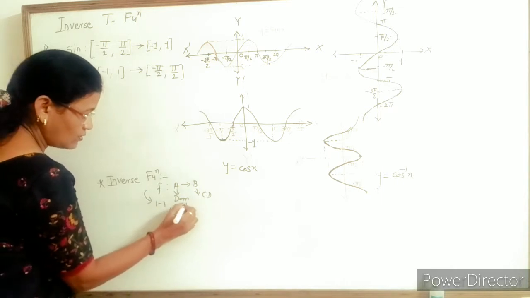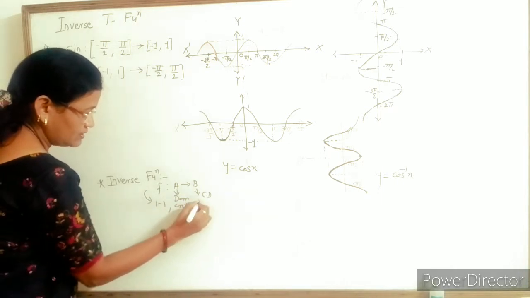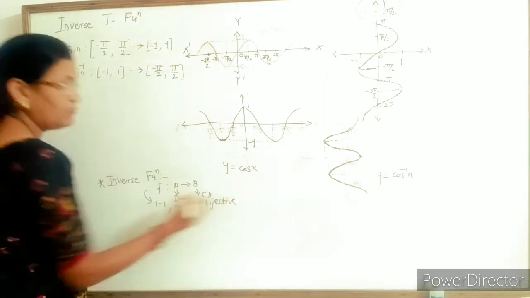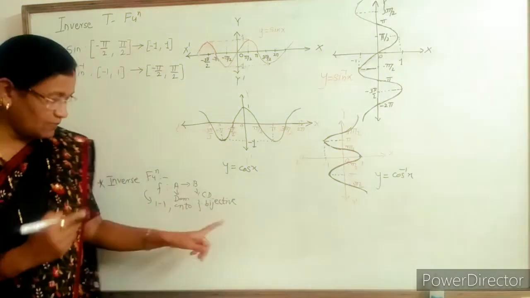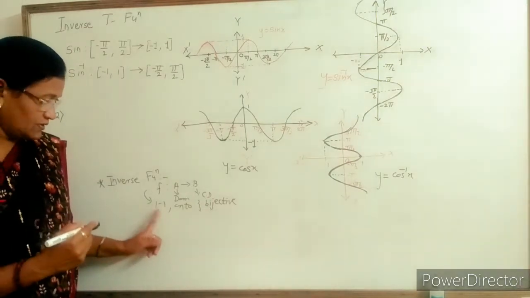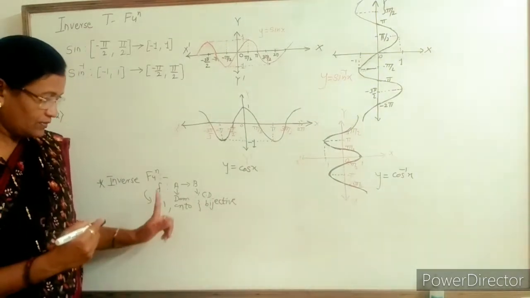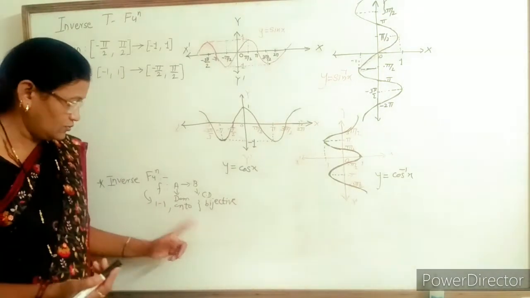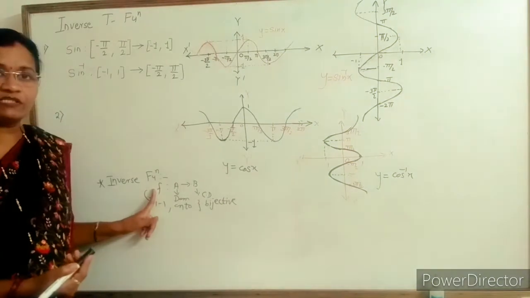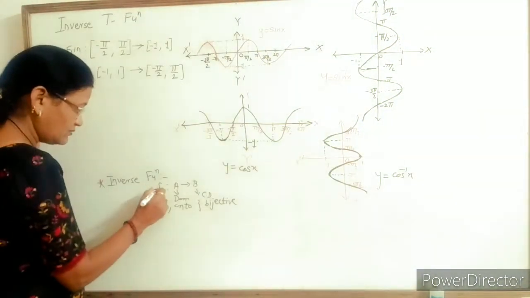if that function is onto, means by using these two combined we say that function is bijective. If the function is 1-1, that is injective, and the function is onto, that is surjective, and both together make the function bijective, then the inverse of the function exists.